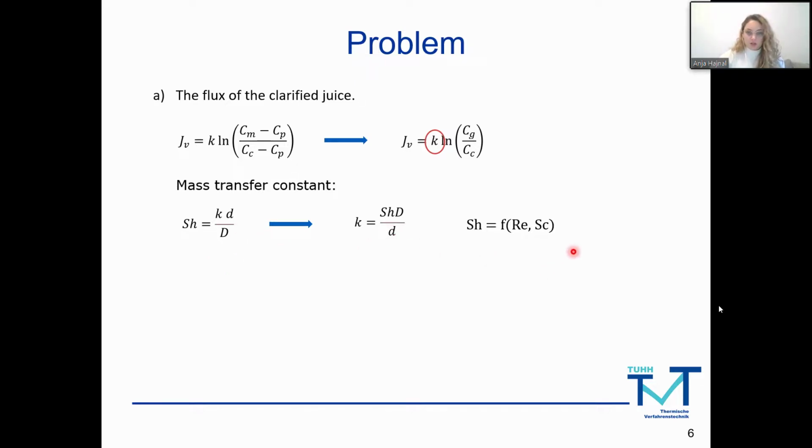And to obtain the Sherwood number, if you take a look into equations 2 and 3, we need to use Reynolds and Schmidt numbers. And which of these two given equations we are going to use is going to depend on the value of our Reynolds number.